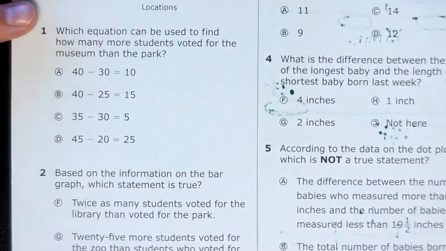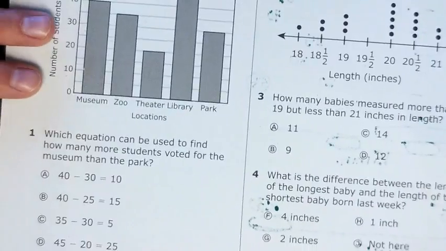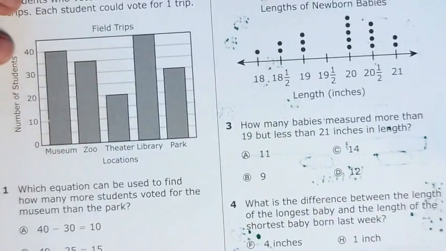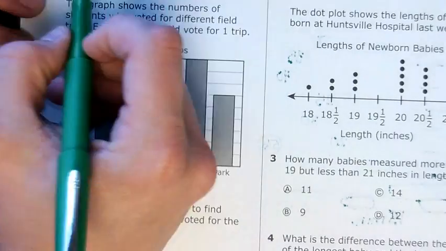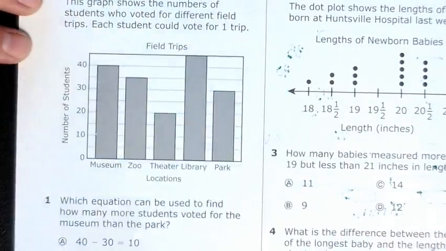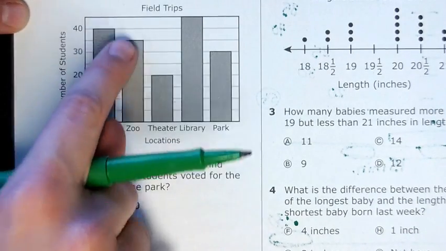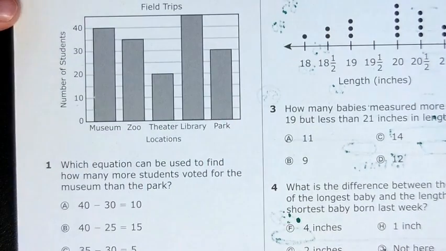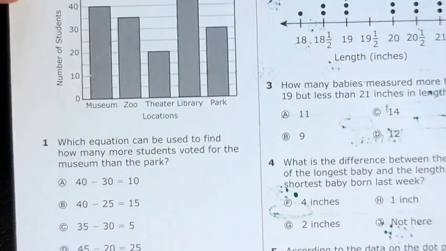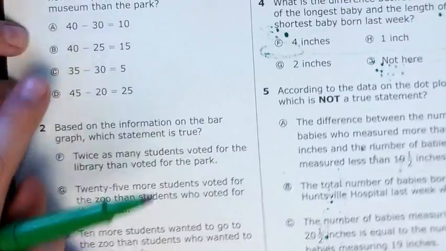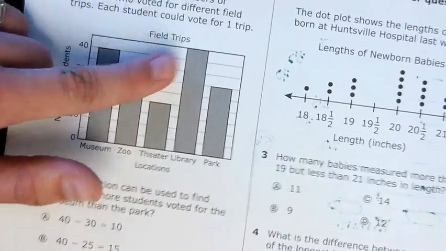So now you're going to turn that page to 296. I know, I like to throw a tough one at you. Notice you're using the graph to answer questions 1 and 2. Here's your graph. This time we've got a vertical bar graph, so remember how to read that. Then you're going to answer questions 1 and 2 using this bar graph.